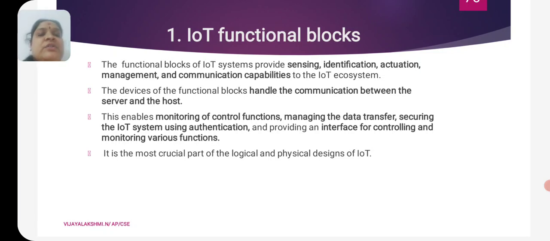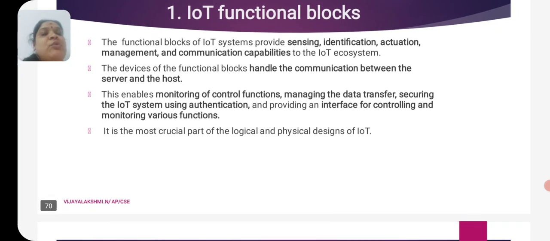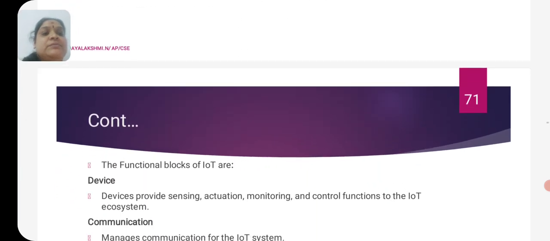We use this to monitor the control functions. It will manage the data transfer, and it will provide a secured IoT system with authentication, and it will provide an interface for controlling the data. It is actually a crucial part of the logical and physical design of IoT.